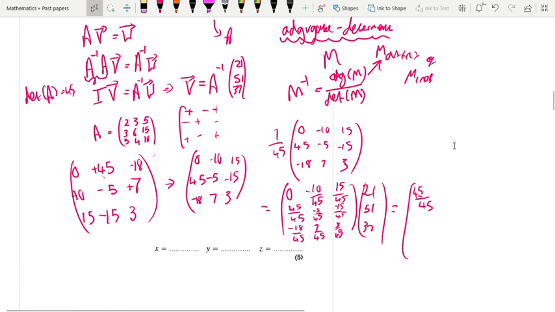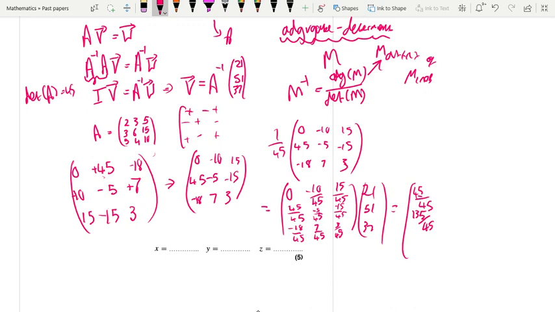Okay, so the next one, 45 times 51 minus 5. No, sorry. 45 times 21 minus 5 times 51 minus 15 times 37. 135, yes, very nice numbers. 135 over 45. And when I say they're very nice numbers, I mean they're divisible by 45.